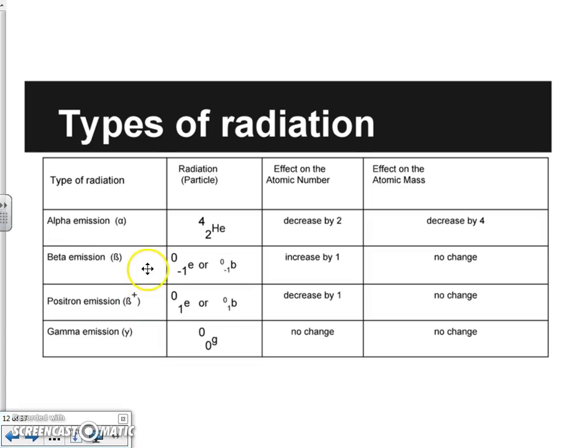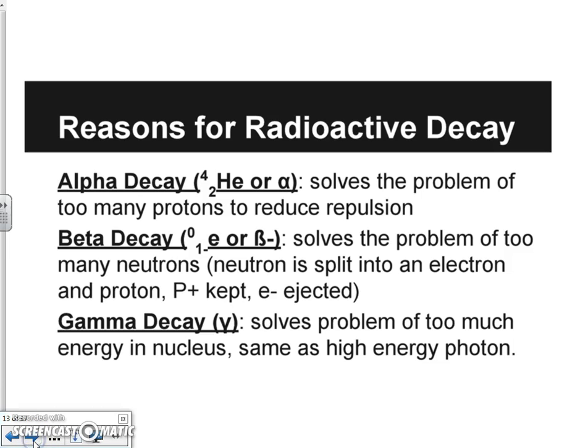Positron is the opposite of a beta, so it's 0 over +1 e. And then gamma, this is just energy. That should be the Greek letter gamma, which looks kind of like a y. It has no effect on atomic number and no effect on mass. This is just plain old energy, getting rid of that.